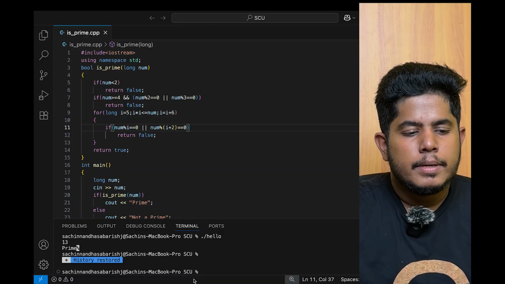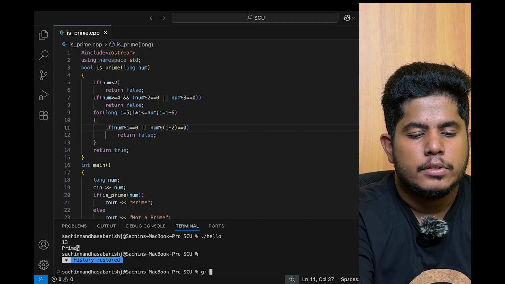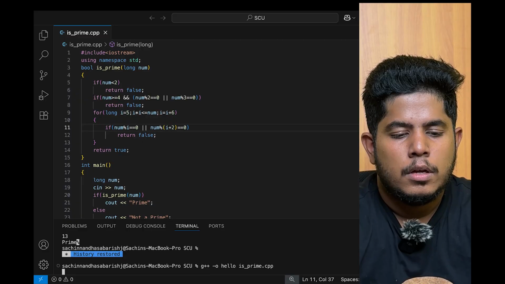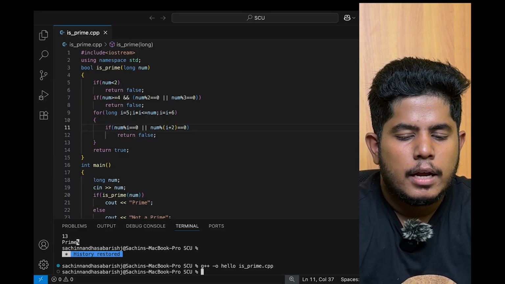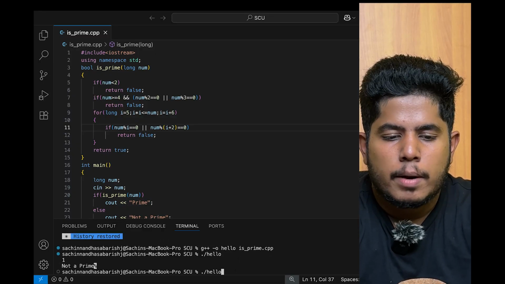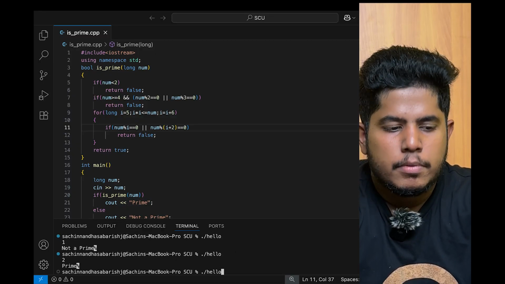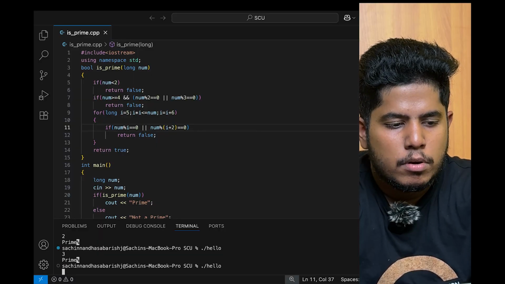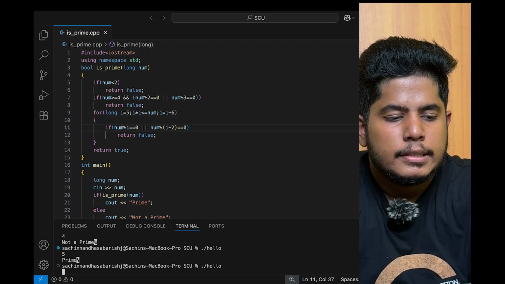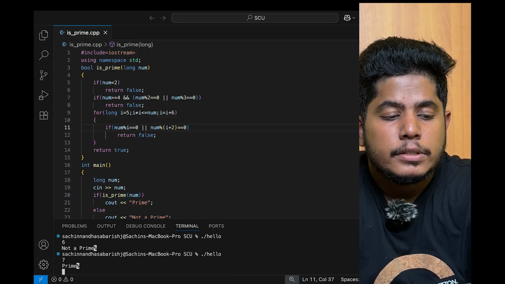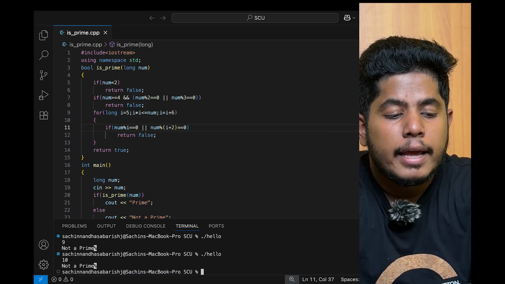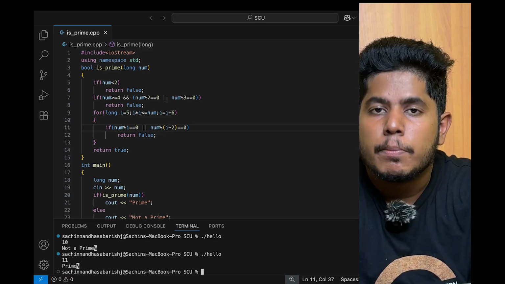And with that, let me start by compiling this. There is no syntactical error, and let's execute it. First we'll go with 1, it's not a prime. 2, it's a prime number, exactly. 3 is a prime number. 4 is not a prime. 5 is a prime number. 6 is not a prime. 7 is a prime. 8 is not a prime. 9 is not a prime. 10 is not a prime. 11 is a prime.